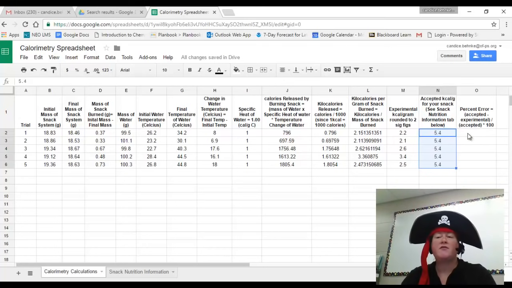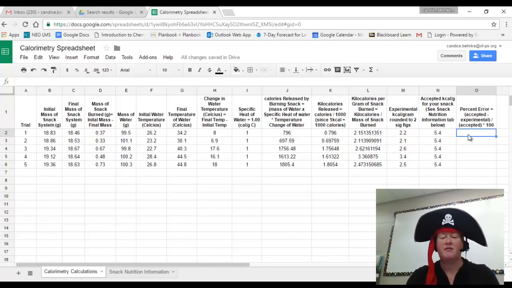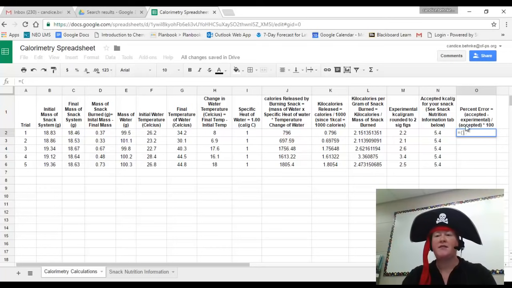This time we need to use parentheses so that the computer knows the correct order of operations. So to start a calculation, once again, equals. In parentheses, I'm going to put my accepted value, which is 5.4.